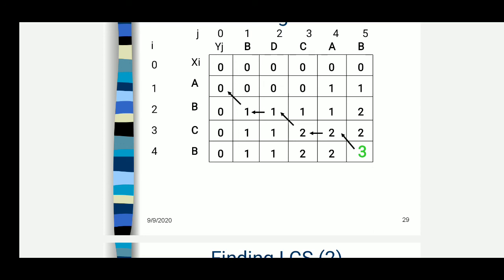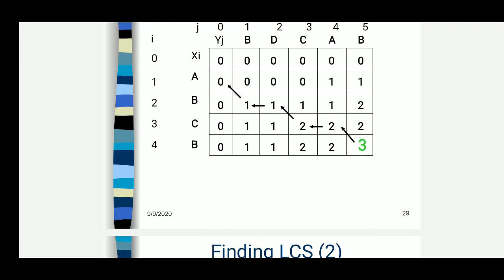Now again, we can find that this diagonal value 2 came from the value C[2,2], but this value is not obtained by the diagonal. So we will backtrack until we get the diagonal. So we backtrack here and we find again the value 1 in C[2,1], which is obtained by the diagonal.